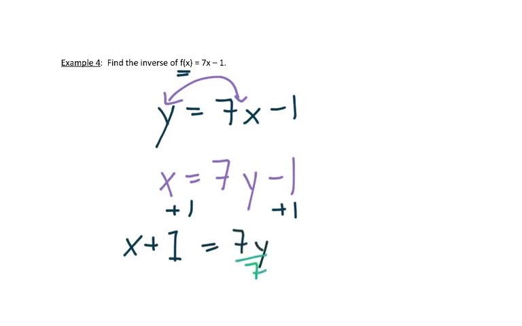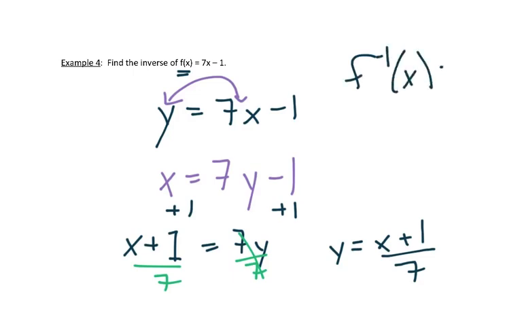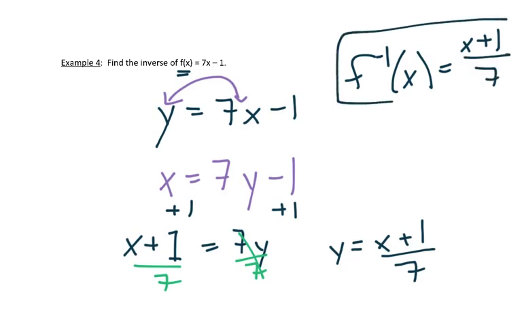And then we divide both sides by 7. And that gives us y equals x plus 1 over 7. So then we just need to write that as an inverse. So we write f inverse of x equals x plus 1 over 7.